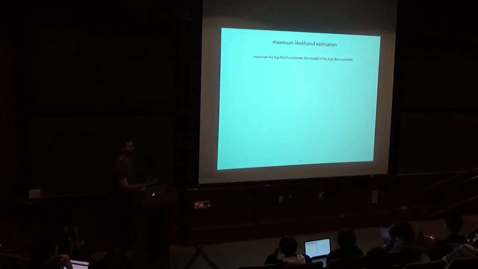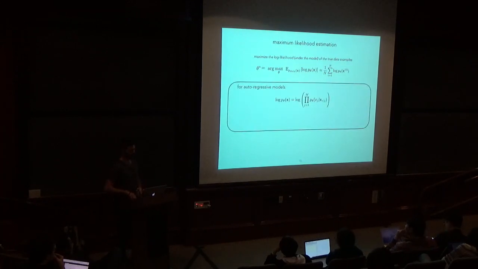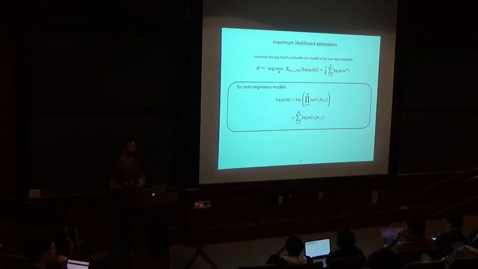Now, we talked about maximum likelihood estimation. How does that apply in this context? Again, we want to find the parameters of our model that assign maximum likelihood to the observed data examples. And we thought of this in terms of an average log probability. We saw that the log probability for a data example under an autoregressive model could be factorized as a product of conditional distributions. And the log of a product, you can just turn into a sum of those logs.